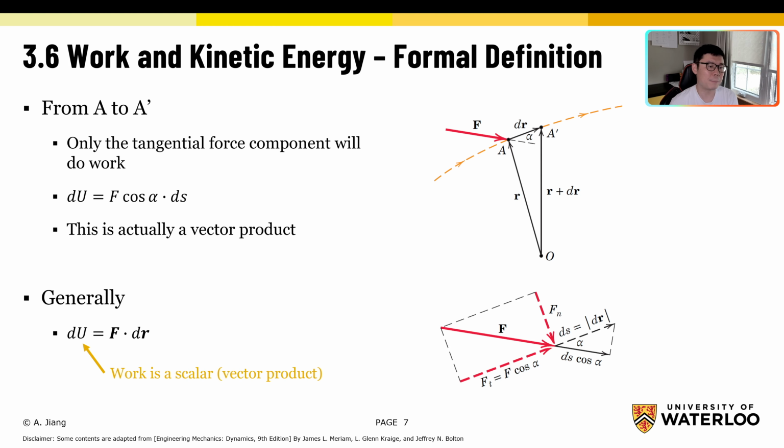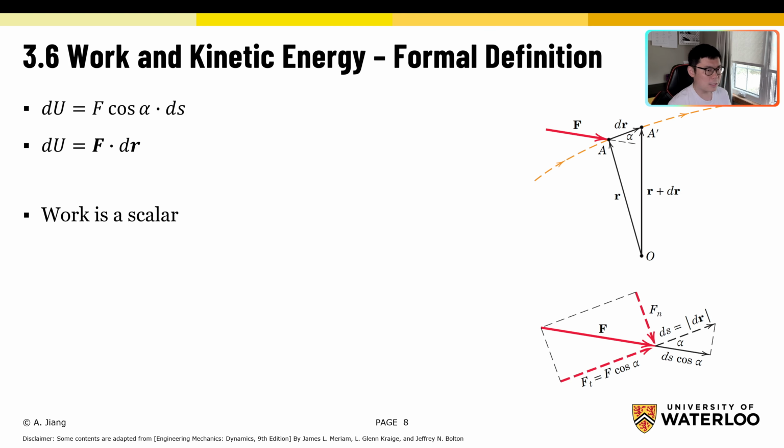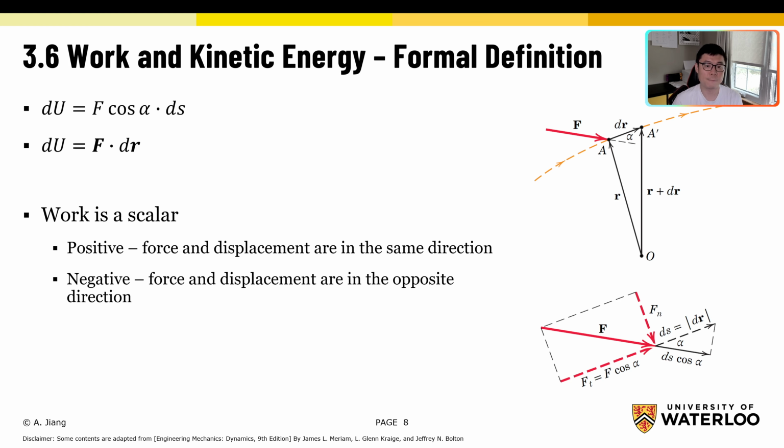If you remember, the product of two vectors is a scalar, then yes, the work dU is a scalar. Although the work is a scalar, it can take either positive or negative values. Positive work means the force and displacement are in the same direction, and negative work means force and displacement are in the opposite direction.